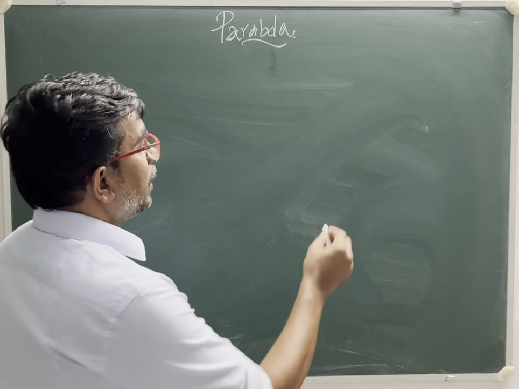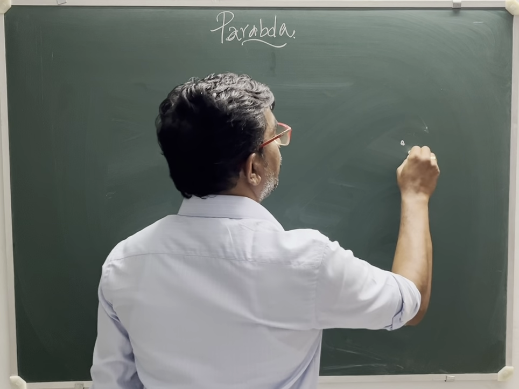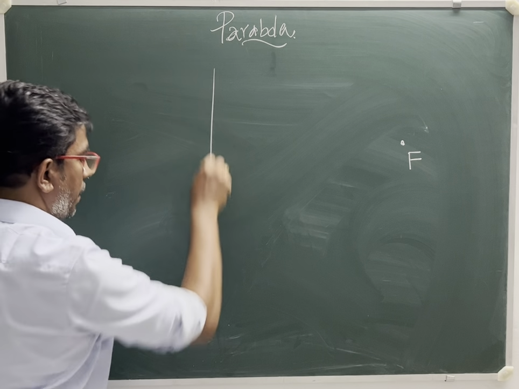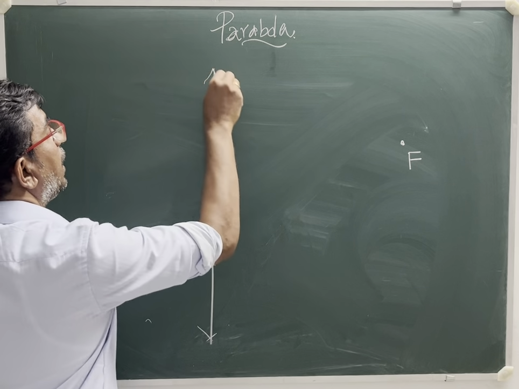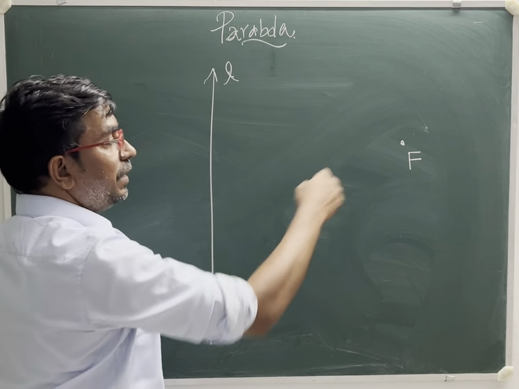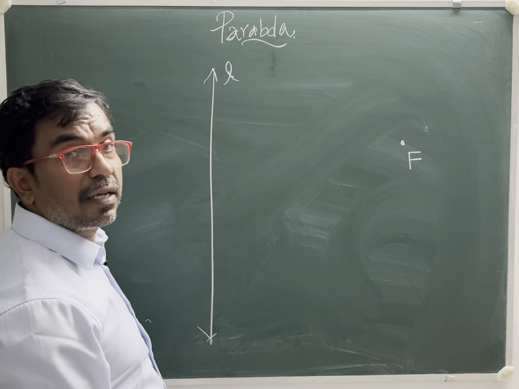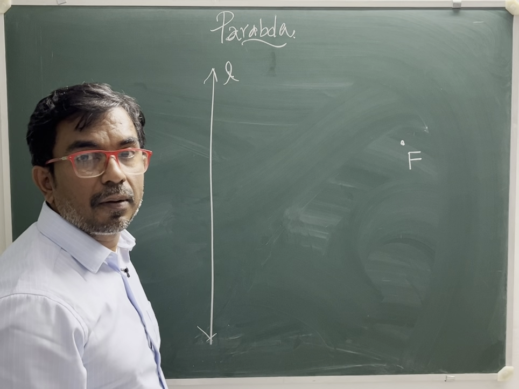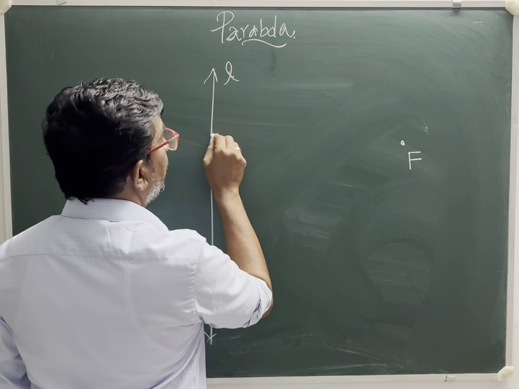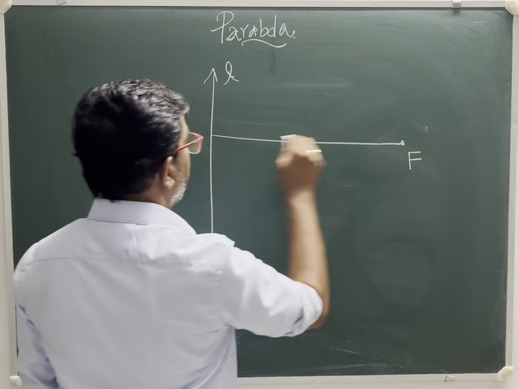Please look here. The fixed point, let me call it F, and the fixed line, let me draw it here, L. Okay, the line L and the point F. I simply want to draw a perpendicular from F to this line.